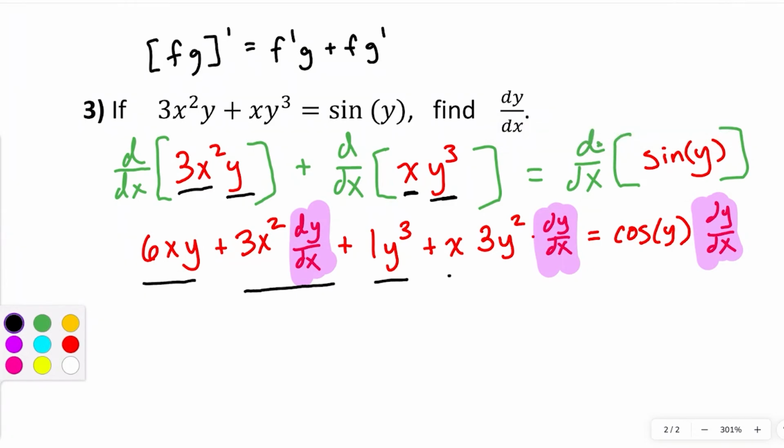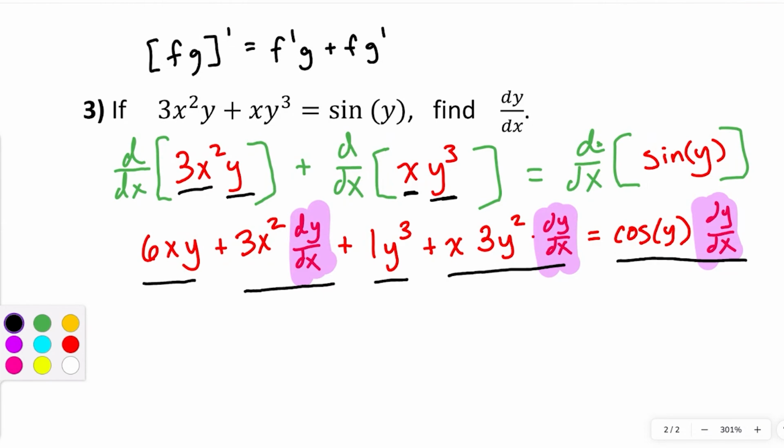Y cubed is a term. Basically everything that's separated by pluses and minuses. So I'm going to collect all of the terms that have dy dx on the left side, and all the terms that don't on the right side.